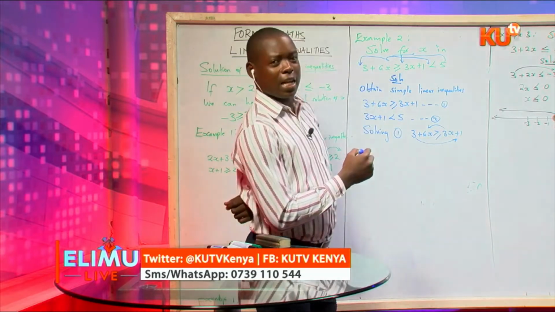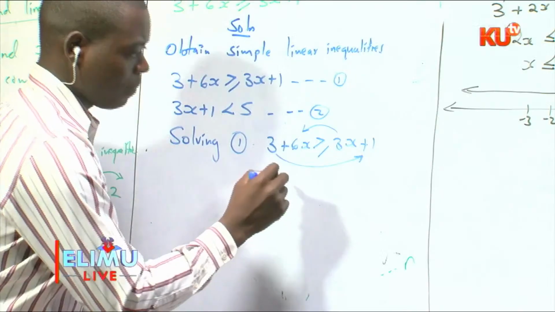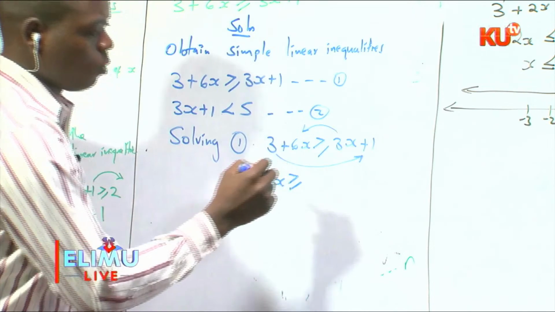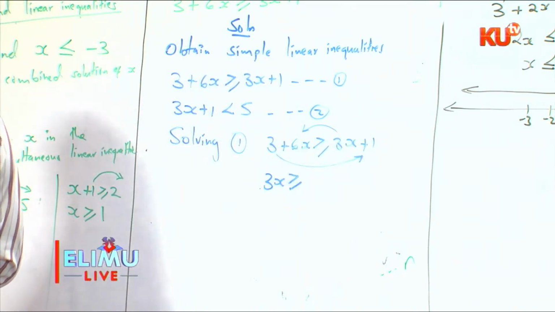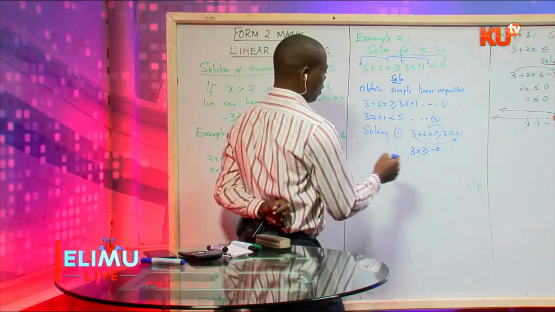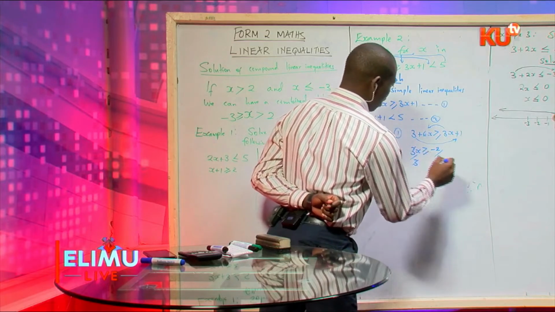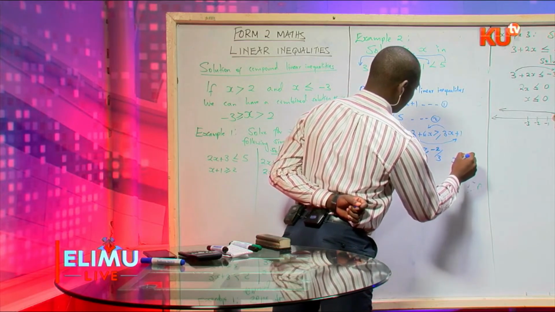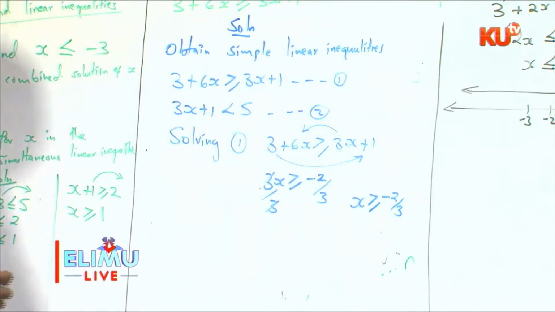So it will be 6x minus 3x, which is 3x, greater than or equal to, we have 1 minus 3, that gives us negative 2. Then we divide this by 3, and this cancels out, so our x is greater than or equal to negative 2 over 3.